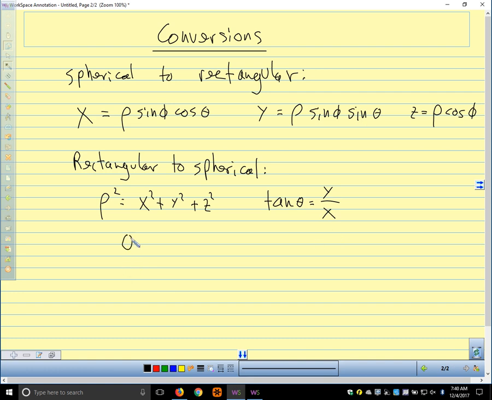And phi, we're going to use this, is the inverse cosine of z over rho, where rho is the square root of x squared plus y squared plus z squared. And again, that little right triangle that we drew is the key to these.